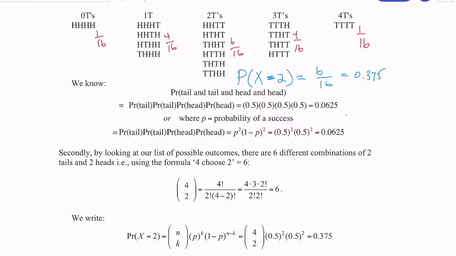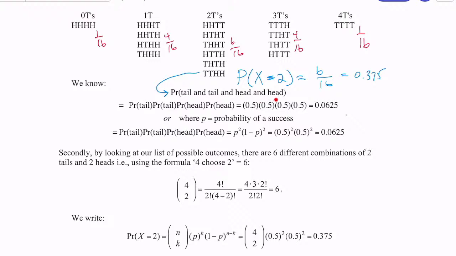So let's expand one of these. We know the result of all of these together, but let's take one at a time. Let's just look at this one. The probability of a tail and a tail and a head would look like that. This is what I was trying to get at when I asked the questions a moment ago: how do I calculate that?